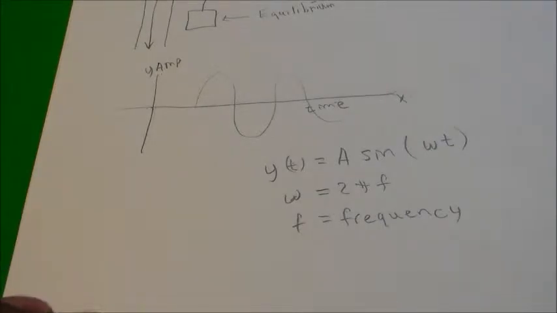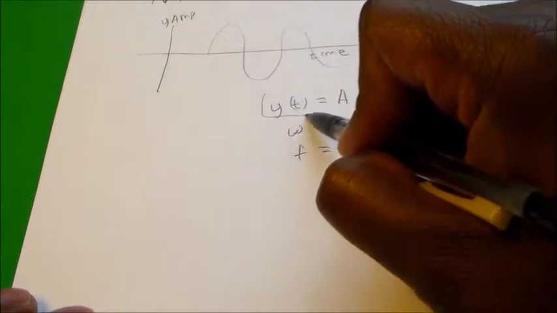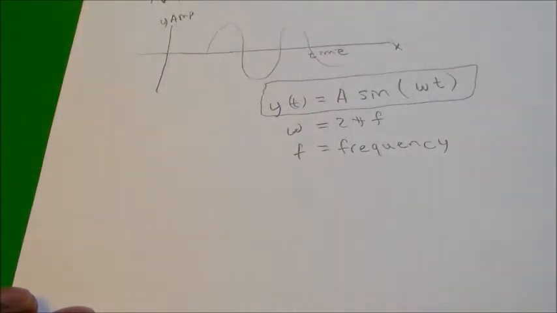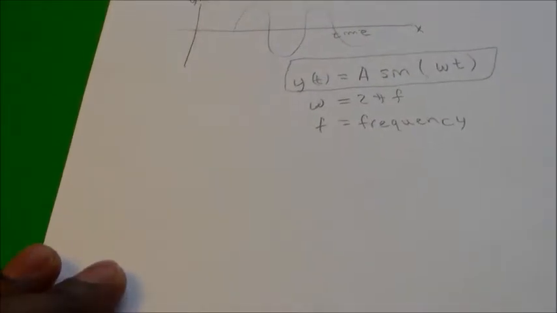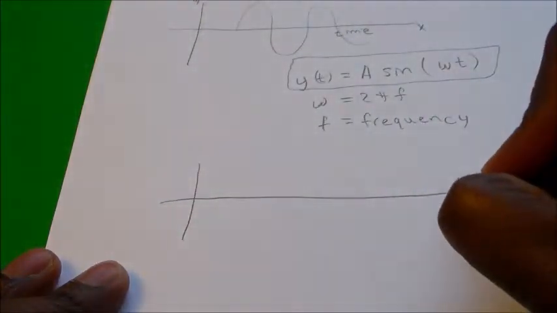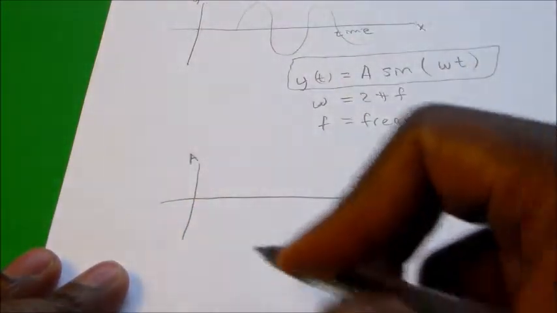All right, so if we were to represent a cyclical phenomenon using this equation up here, what we would end up with is an XY graph where on our x-axis we have time and on our y-axis we have amplitude.